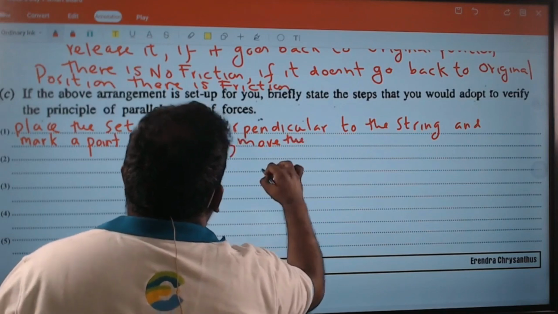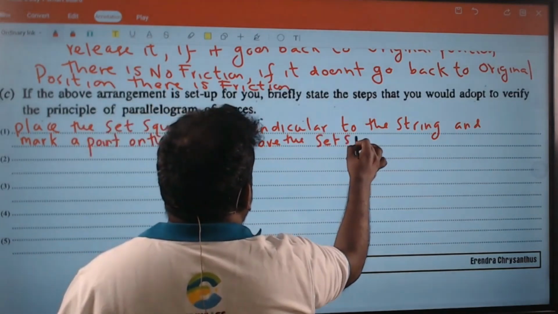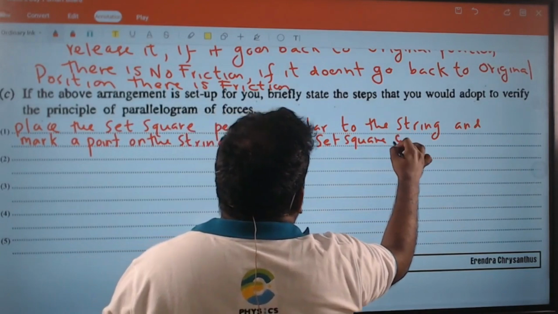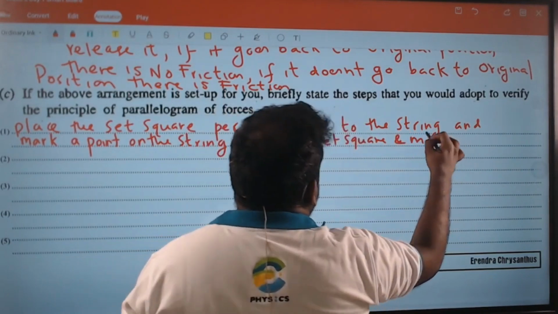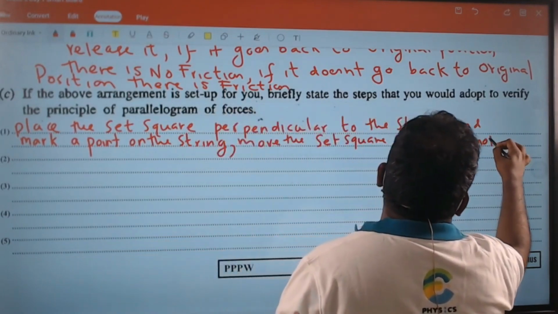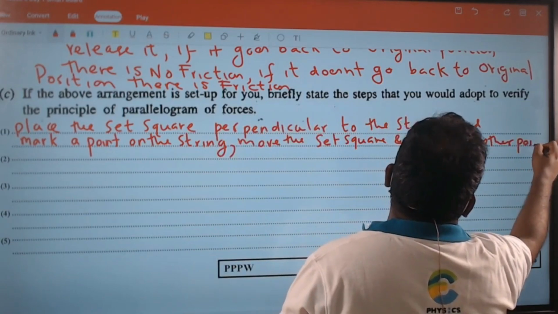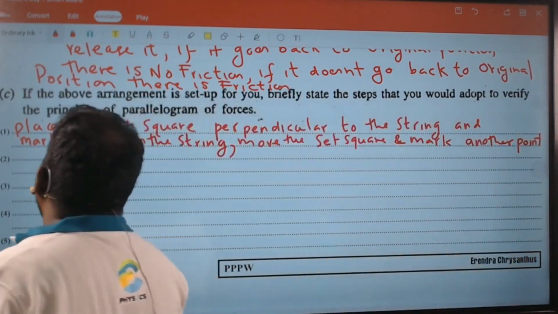Move the set square and mark another point. Then what?